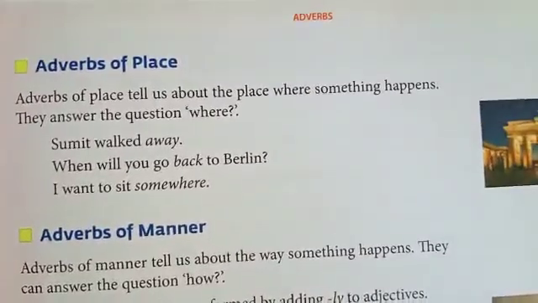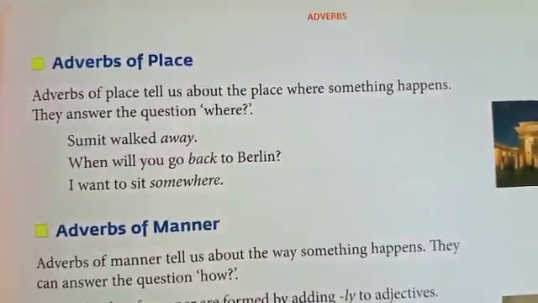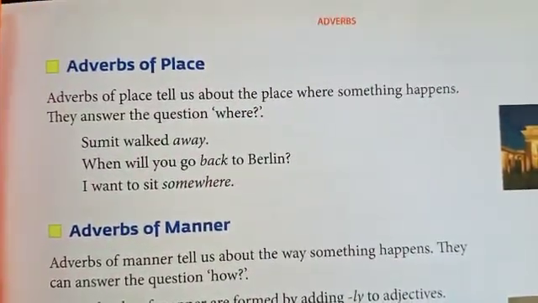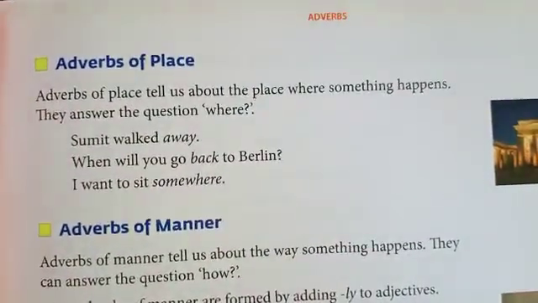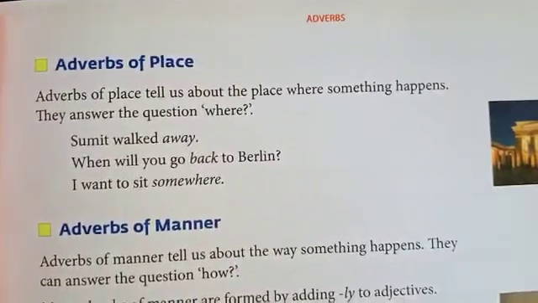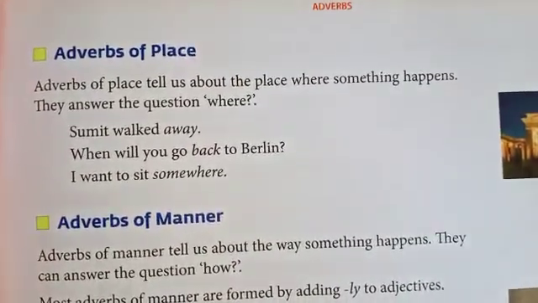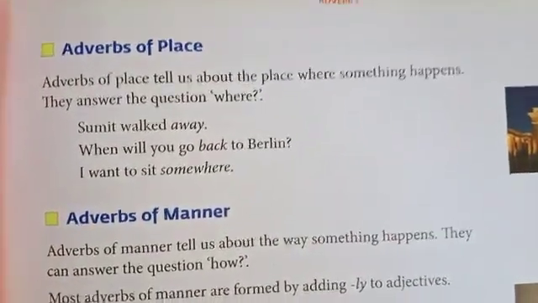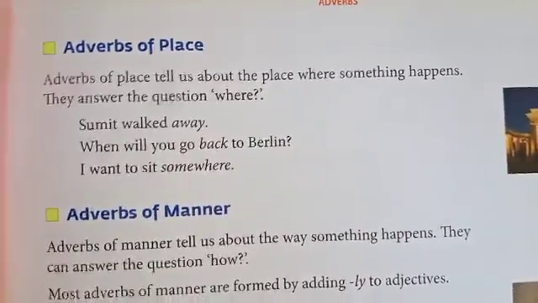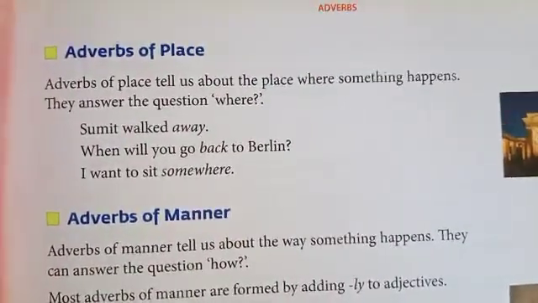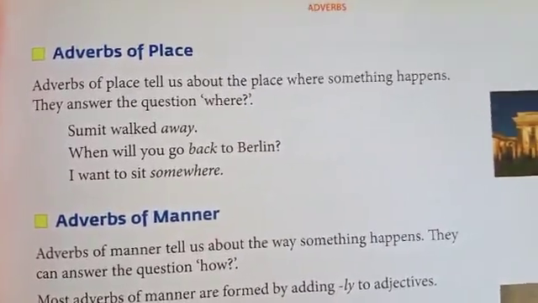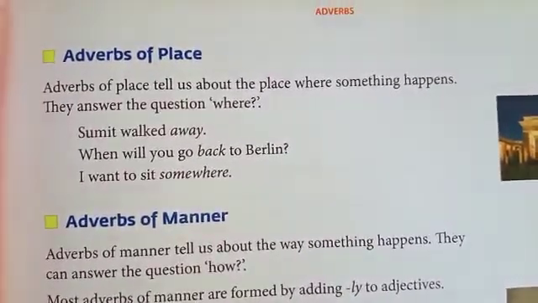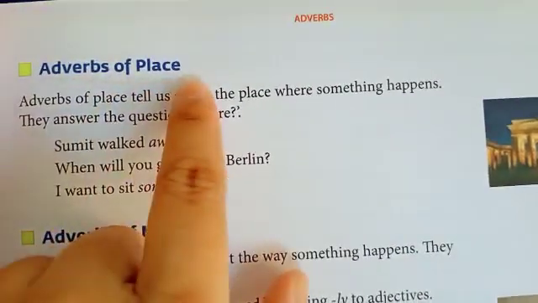Alright, if I give you one more example, Ram is sitting upstairs. Where is he? Upstairs. Rita is going downstairs. Where is she going? She is going downstairs. So all the sentences that answer the question where come under the heading of adverbs of place.